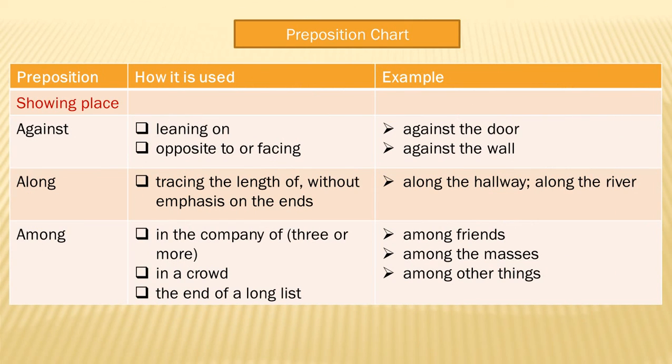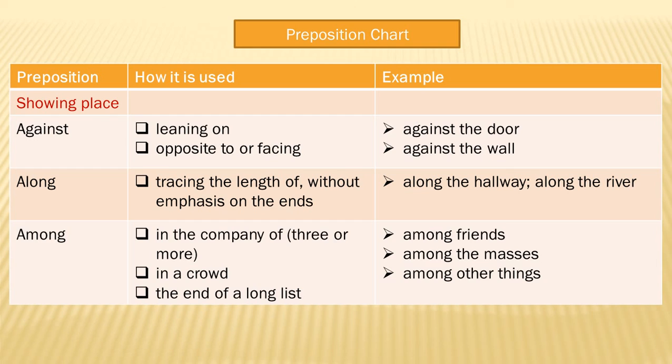Against means leaning on, or opposition to, or facing. Against the floor, keep the bag against the floor, or against the wall, or he is against me, opposing or facing. Along, tracing the length of, without emphasis on the ends: along the hallway, along the river.